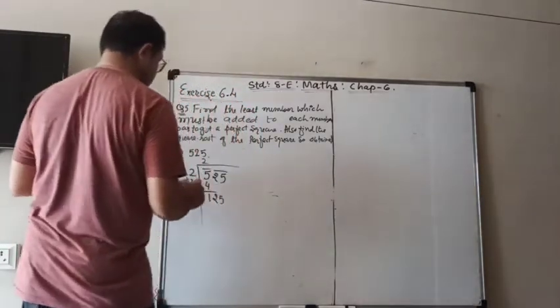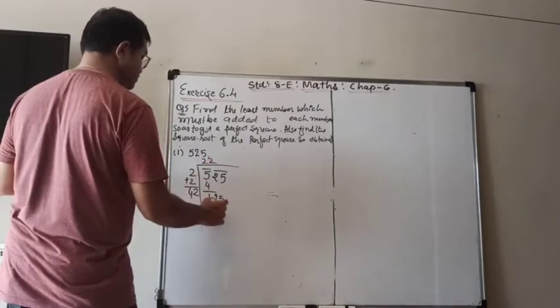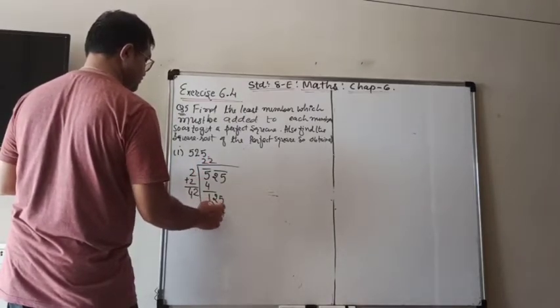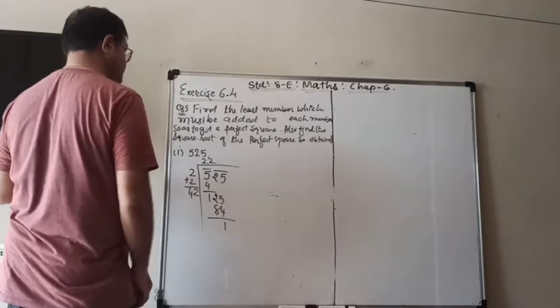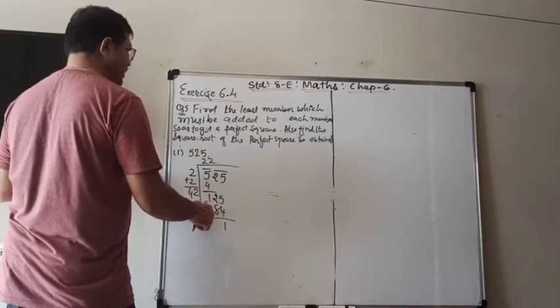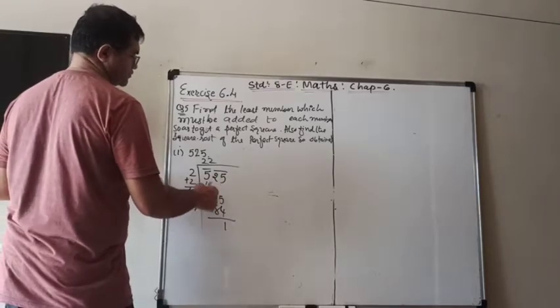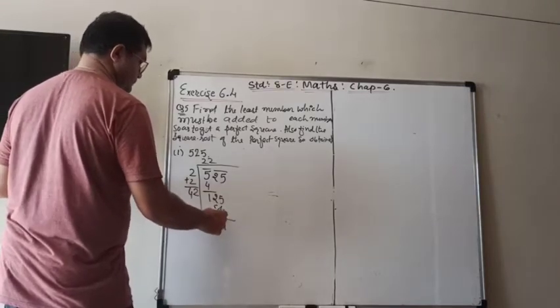So we have to take 42. 2 2s are 4, 2 4s are 8, 84. So 125 minus 84 is 41.